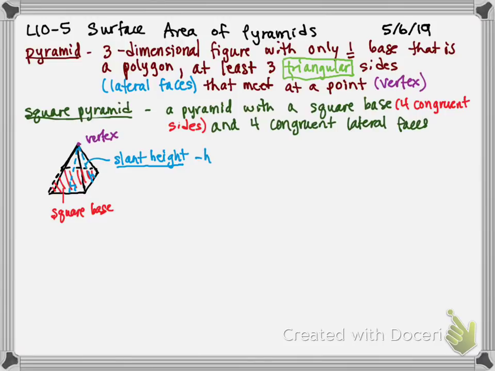So slant height is the height of a lateral face, or side as we like to call it, okay? So let me draw you a net of a square pyramid.